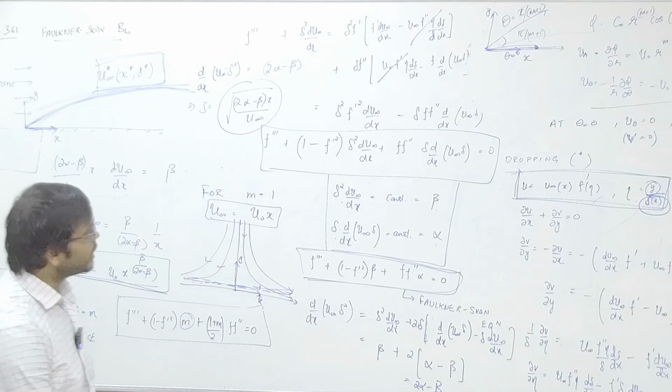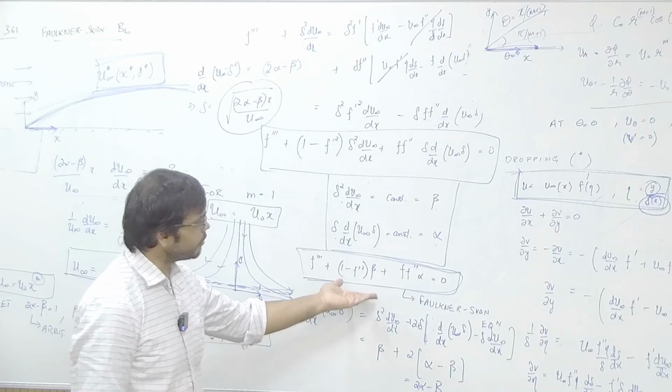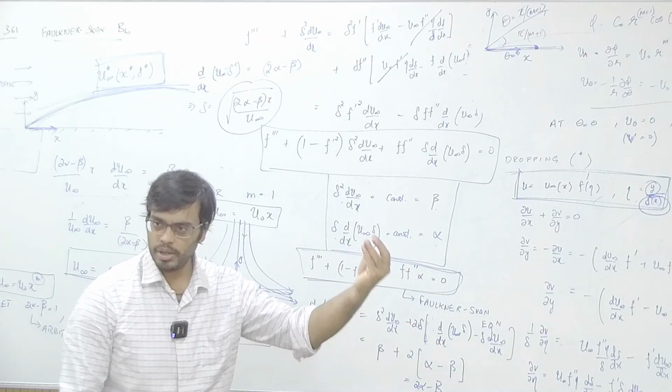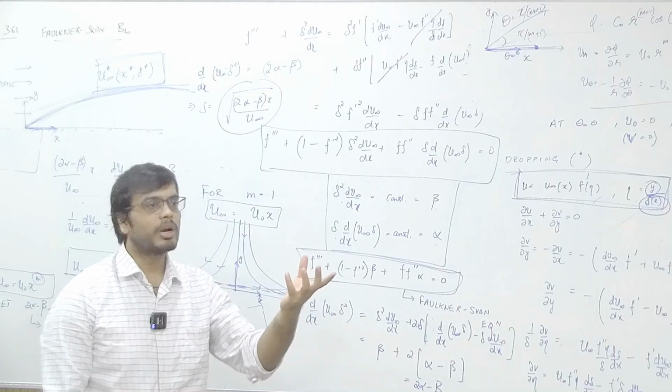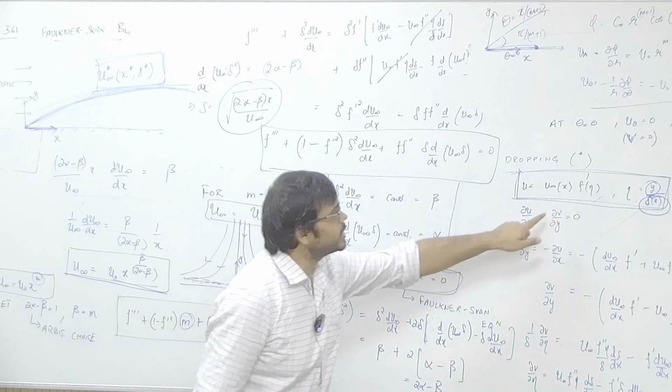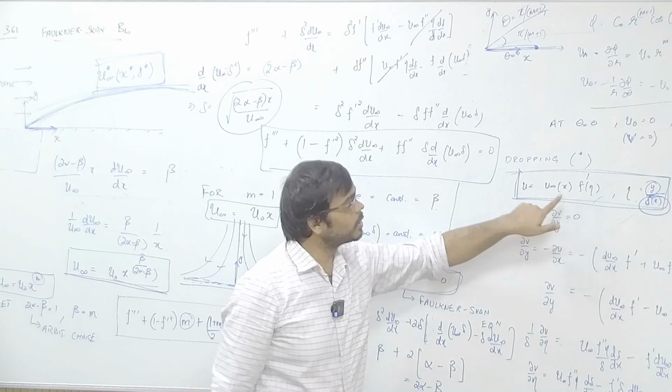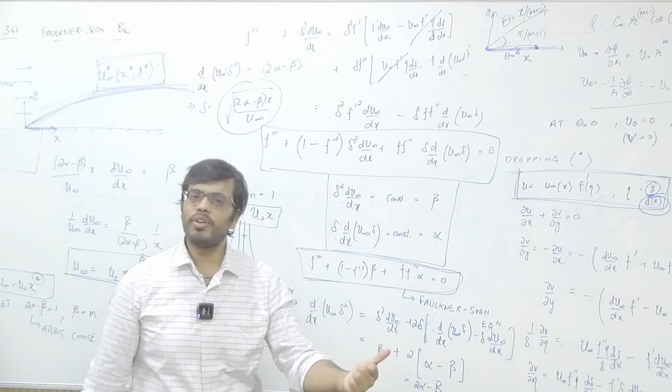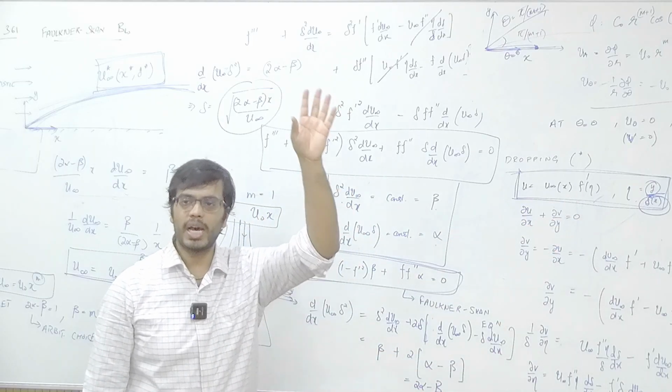And if you look at all of these solutions, either Faulkner-Skan or Blasius, and you compute the numerical solution of these equations, you will find that this f prime will tend to 1 very quickly for not very large values of eta.